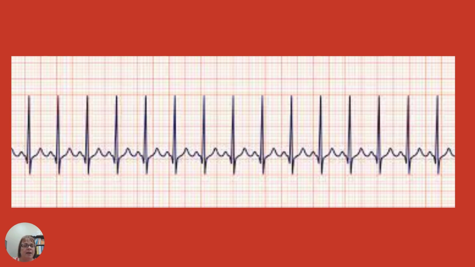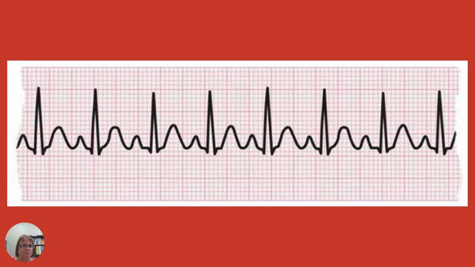Each QRS is how fast the heart rate's going. So I multiply times 10, so 15 times 10 is 150. Every QRS has a P wave in front of it. They're evenly spaced. So this would be sinus tachycardia, being that it's at 150, the rate's going very fast.